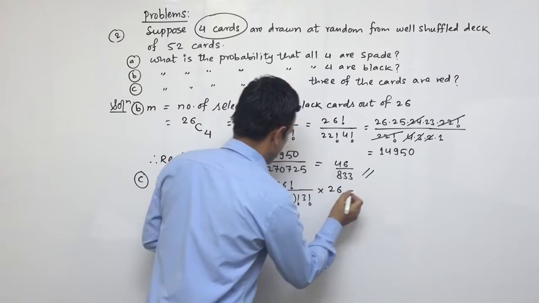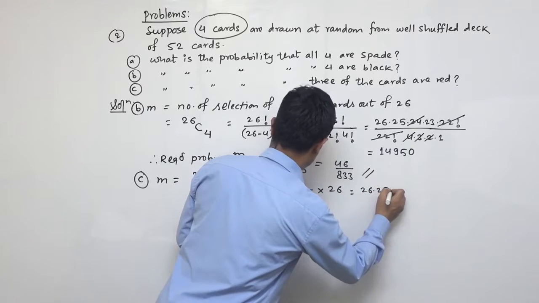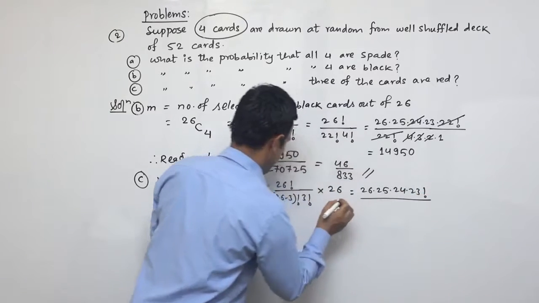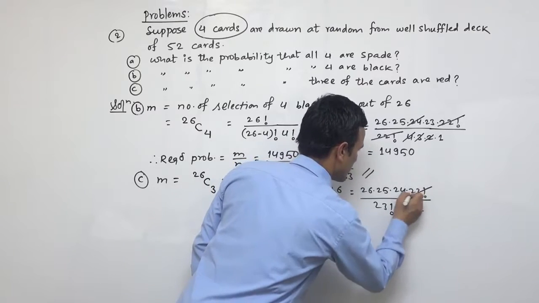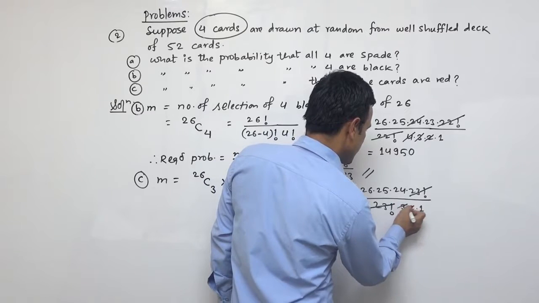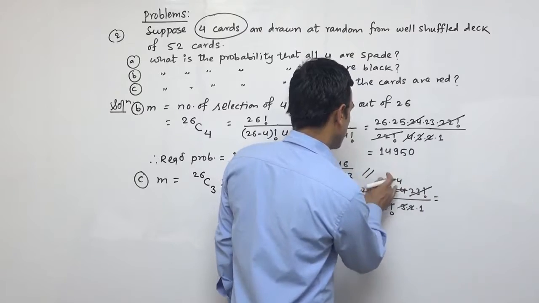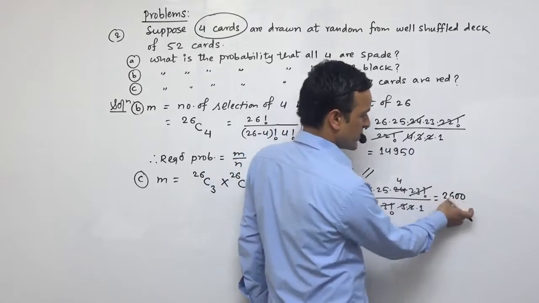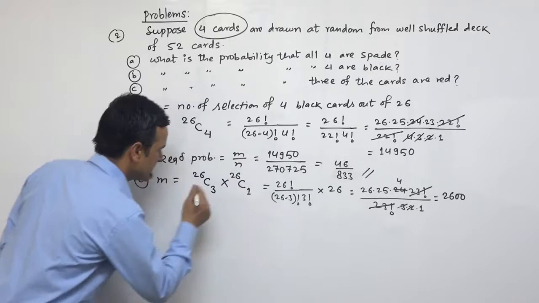Now we can solve it to find out the final answer. 26 into 25 into 24 into 23 factorial divided by, here is 23 factorial and 3, 2 and 1. 23 factorial, 23 cancel and 3 2s are 6. 6 and 6 4s are 24, and if you multiply this one, then after cancelling these terms, we get 2600. This is the number obtained from cancelling.